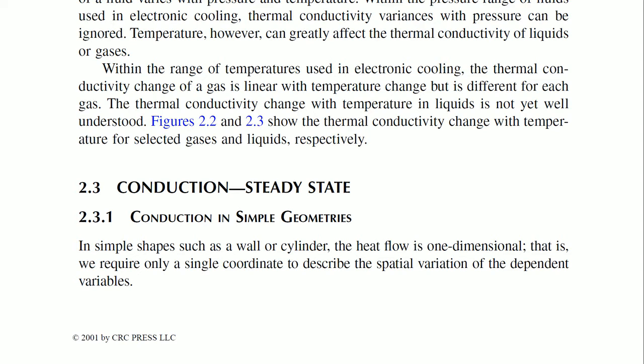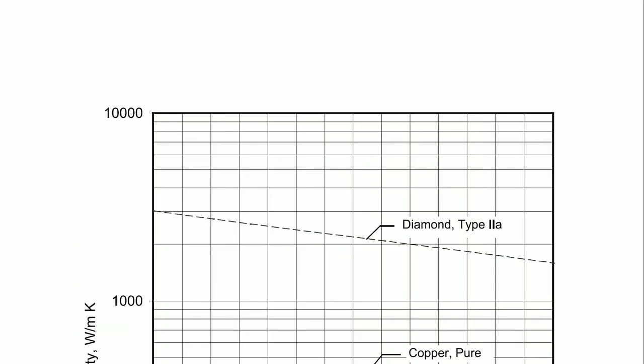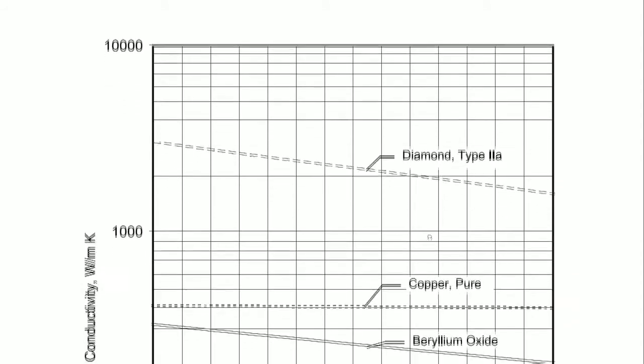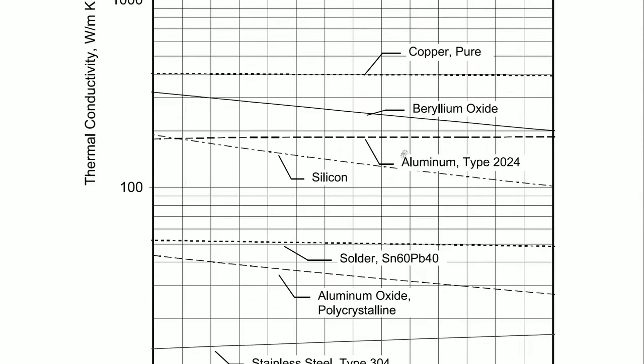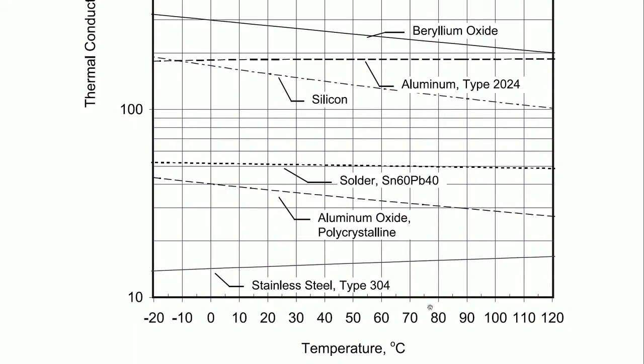Now, in simple shapes such as a wall or a cylinder, the heat flow is one dimensional, that is, you require only a single coordinate. Oh, I think I skipped this.